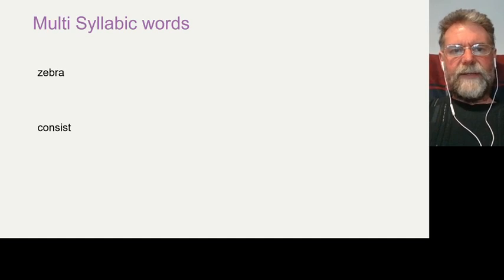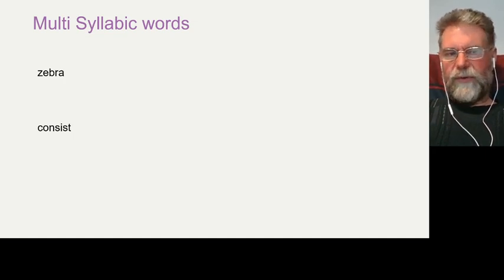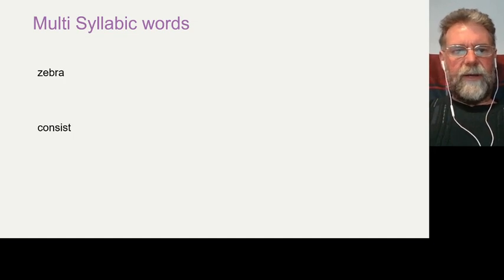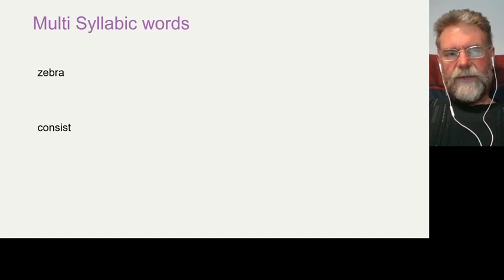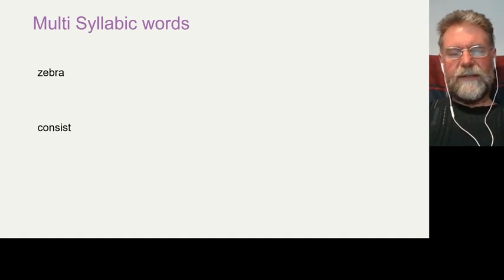Okay, let's now consider some multi-syllabic words to see how they're put together. I've chosen two here, zebra and consist, as being two words with two syllables in them. And I've chosen these two to highlight a contrast that we see in how these words are syllabified, how you break them up into syllables.